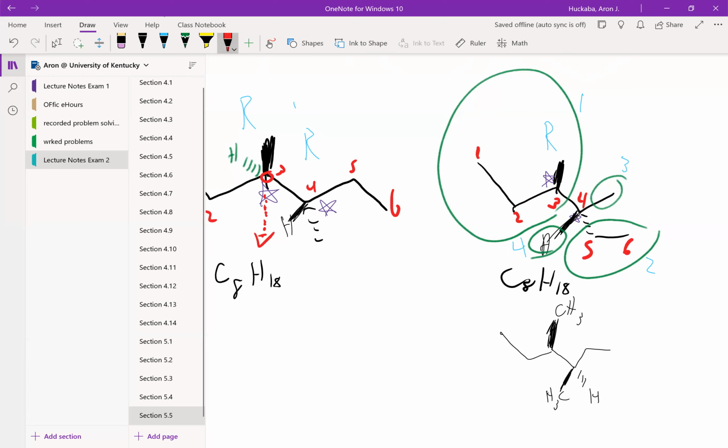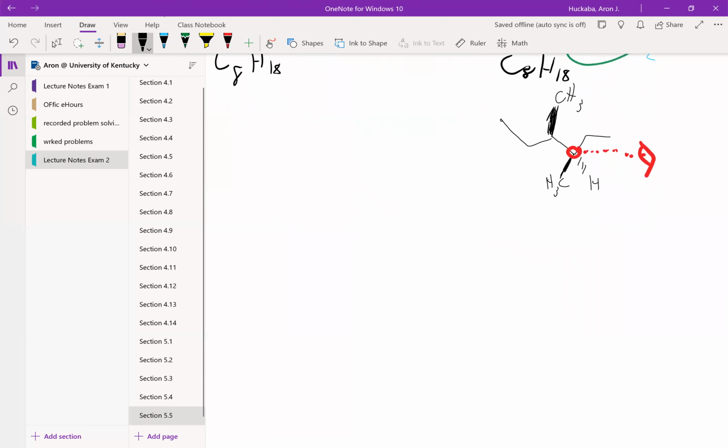Which means when we do our Newman projection, looking at this, then we will have that same slightly different layout as we're used to seeing. The CH3 here, the bigger group that was number one.